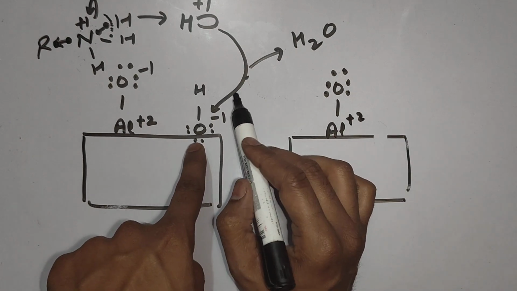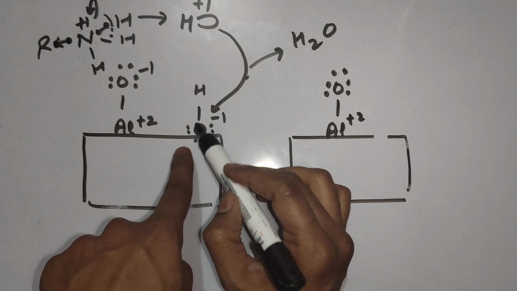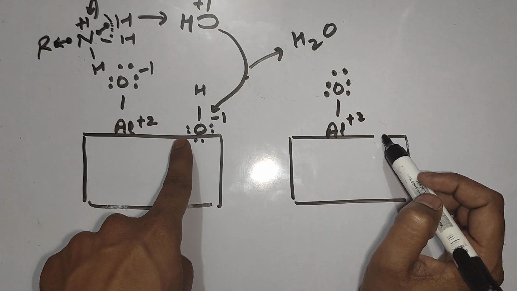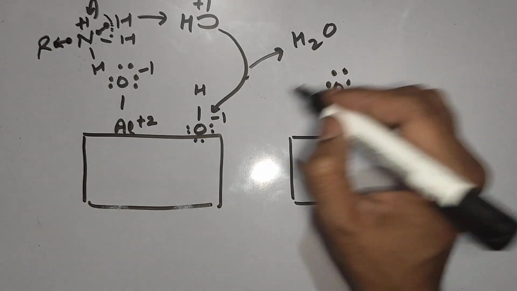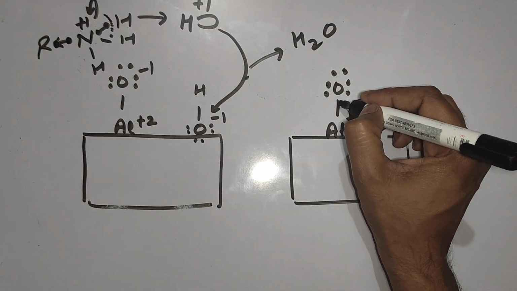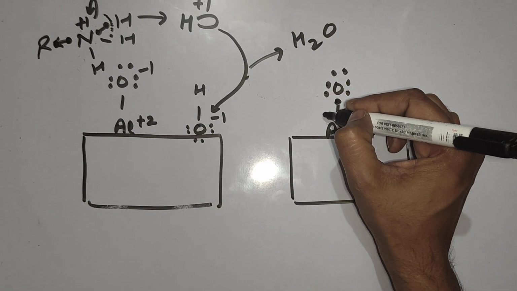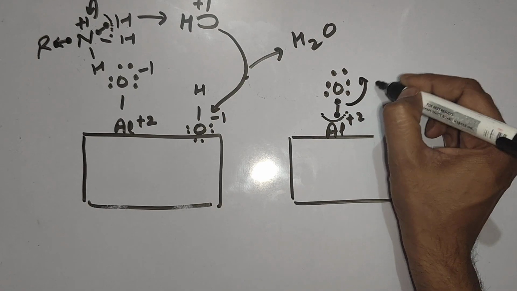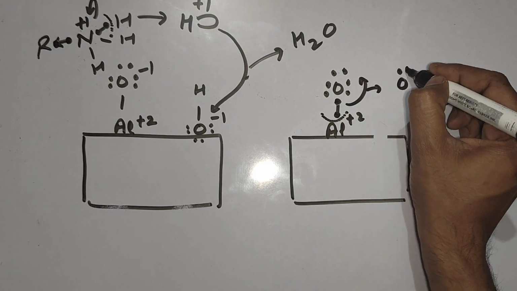Here we have a vacancy because from this side H2O is released, this one. Now this vacancy will be filled by this oxygen. How? By breaking the bond again from aluminium and it will become oxide.